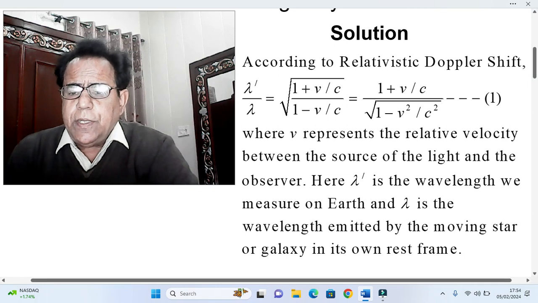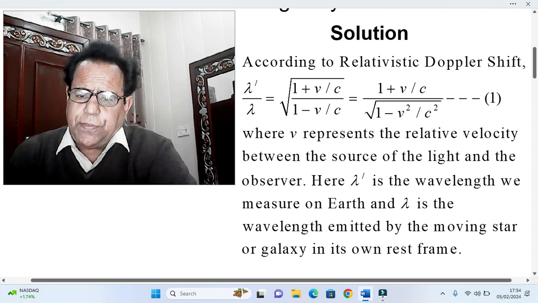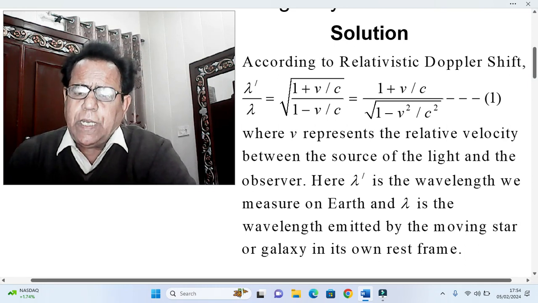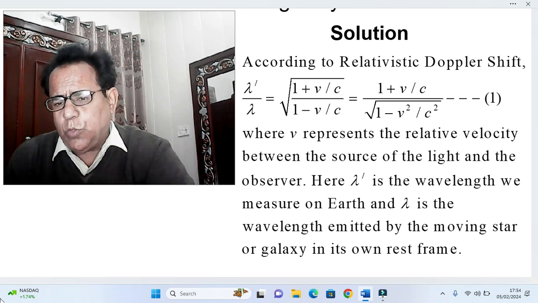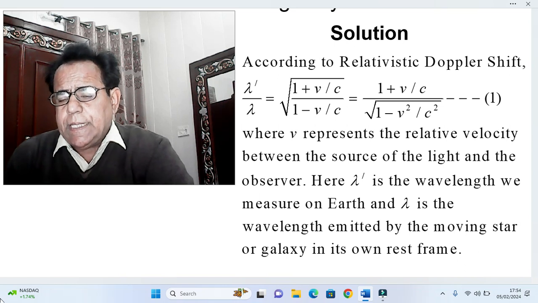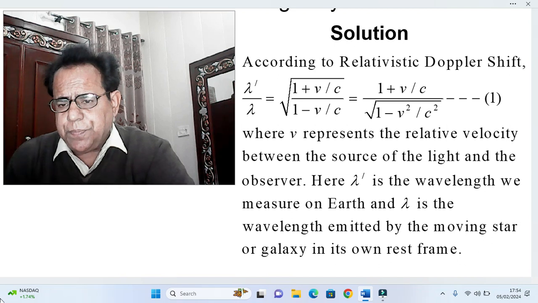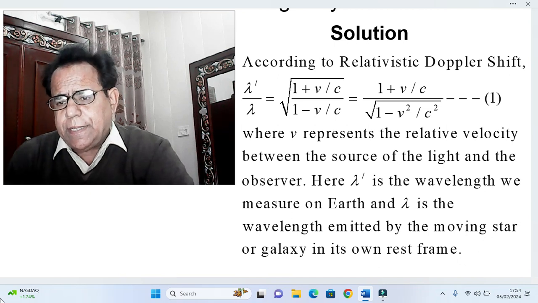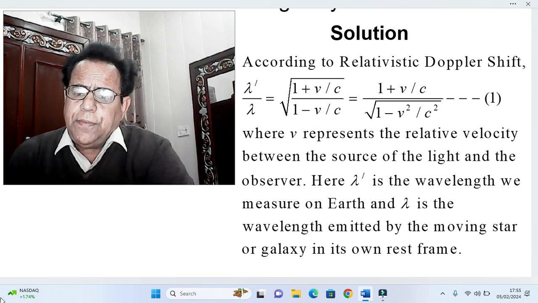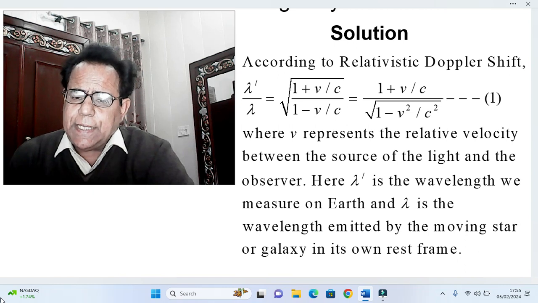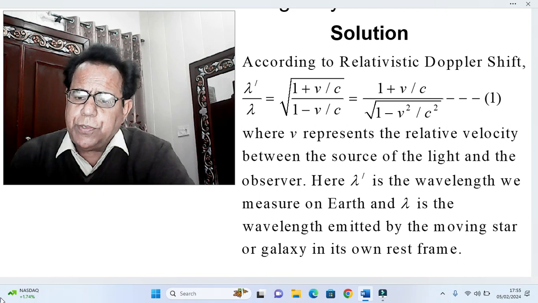Students, according to relativistic Doppler shift, lambda dash over lambda is equal to the square root of (1 plus v over c) over (1 minus v over c). This alternatively becomes (1 plus v over c) over the square root of (1 minus v squared over c squared), equation number 1, where v represents the relative velocity between the source of the light and the observer.